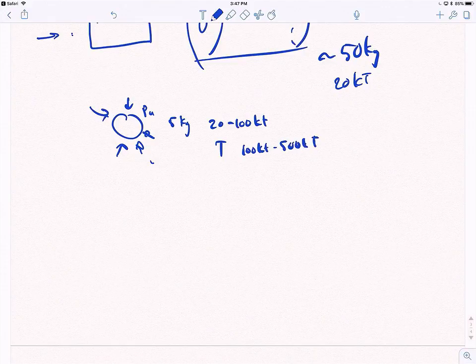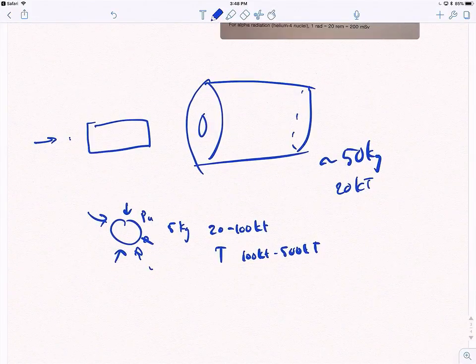In Hiroshima, less than 2% of the bomb actually detonated. I don't know the exact number, but I think it was less than 2%. But that's still a lot. With nuclear stuff, E equals mc squared, a little bit of mass is a lot of energy.